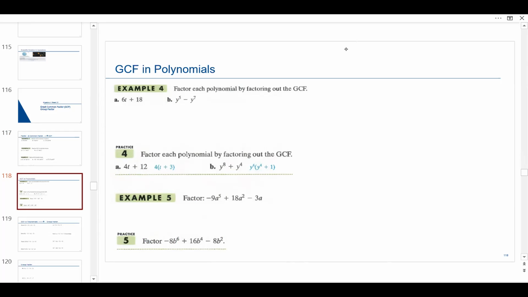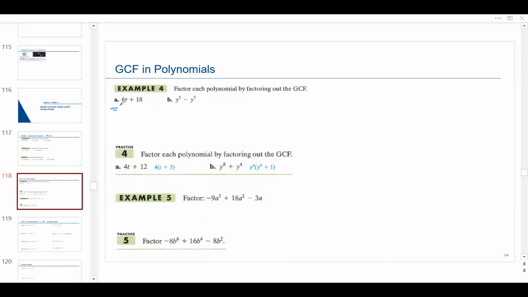So you can see when there are two terms, these kinds of binomials, we try to factor them. Earlier we distributed inside and finally got here. Actually, you can see this binomial, like this example, 6t plus 18. So we want to factor, we're trying to make it a different kind of expression, right?